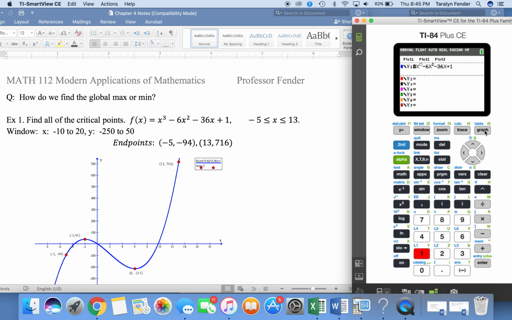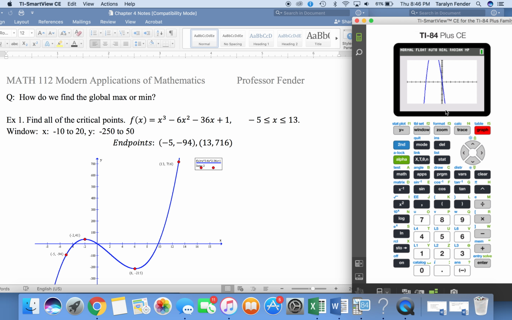And we graph it. Okay, so I have a syntax error. Let's see what the problem is. Oh, I didn't put in a number there. Okay, so x cubed minus 6x squared minus 36x plus 1. Yes, we have a graph.